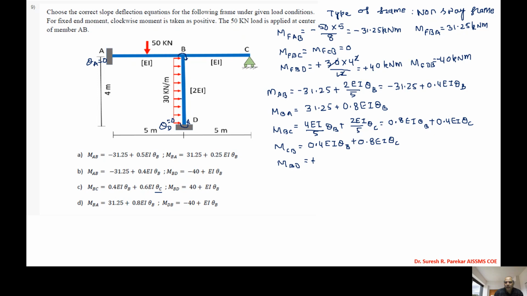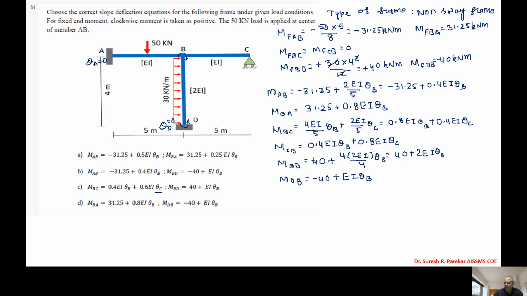So we have plus 40 plus 4 EI upon L theta B. So 4 EI and L is 4, theta B, and we get 40 plus EI theta B. And then MDB we have minus 40 and half of theta B, EI theta B.